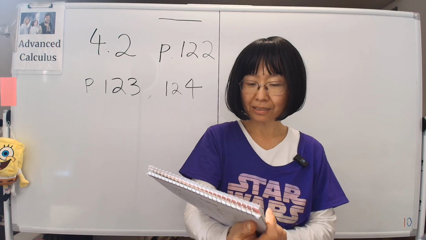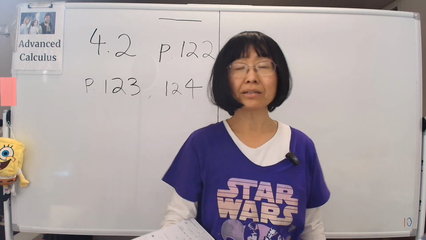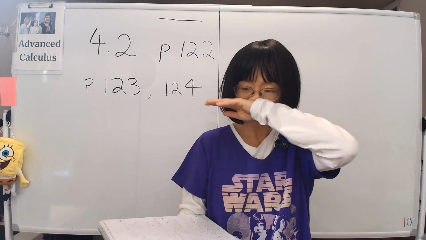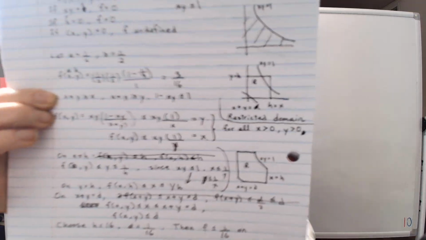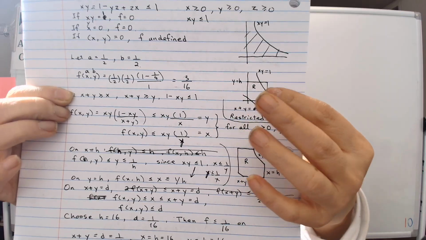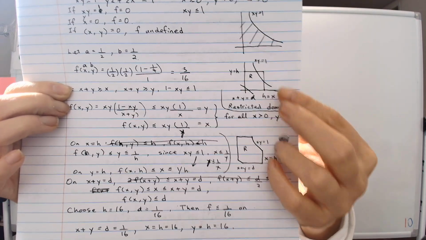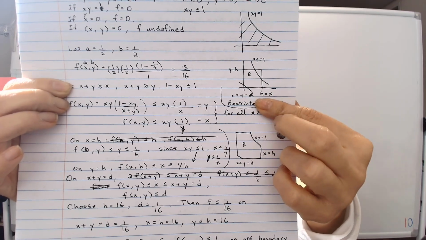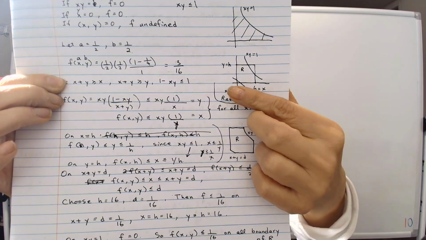So what are we going to do then? We're going to restrict the domain. We'll think about it in a limited area, which actually only makes sense. So here's how we're going to restrict the domain right here. We are going to restrict it by the graph xy = 1, the line y = h, the line x = h, here's y = h this way, x = h that way, and some line x + y = d to get rid of the origin.